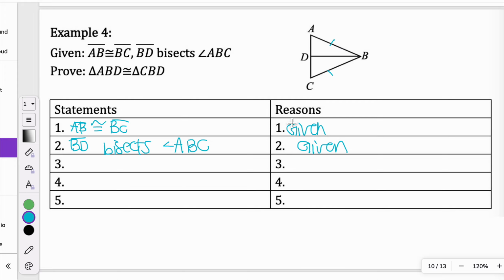Okay, because BD bisects ABC, then that means we can say angle ABD is congruent to angle CBD using the definition of angle bisector. So that means this angle here matches this one. And then I would say BD is congruent to BD using reflexive property.